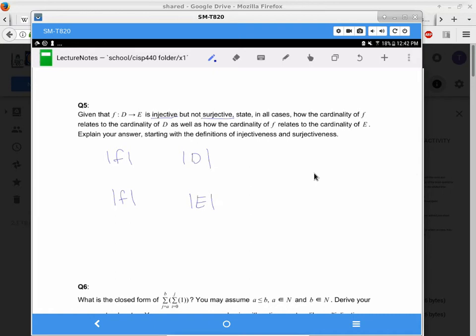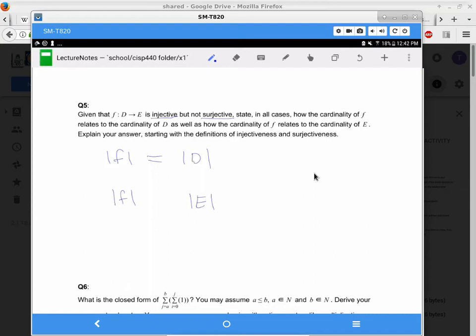The first one is an equality, and that has nothing whatsoever to do with whether F is injective or surjective. It only has to do with F being a function. That's all, right? Because every element in the domain has to map to one and only one thing in the codomain. That tells me that F has to have exactly the same number of elements as D.